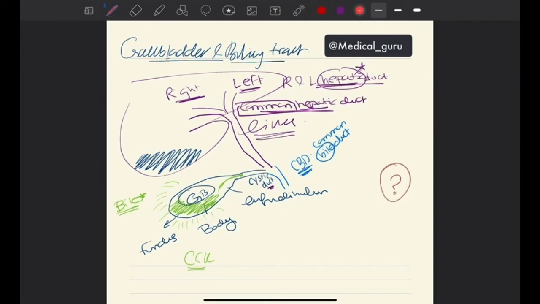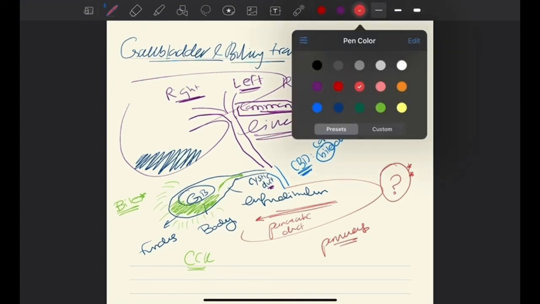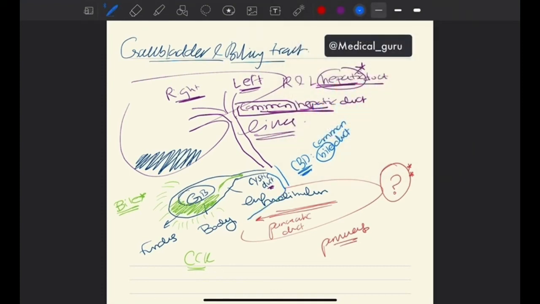This organ over here, can you guess which organ it is? It is the pancreas. This pancreas is going to release certain enzymes into its own duct called the pancreatic duct. These enzymes are also going through a route that would join with the contents coming all the way from the common bile duct.